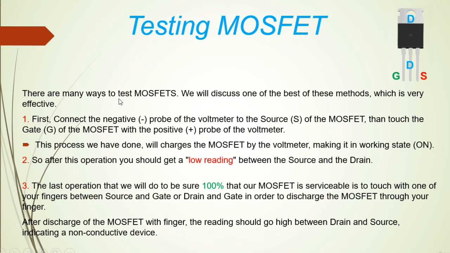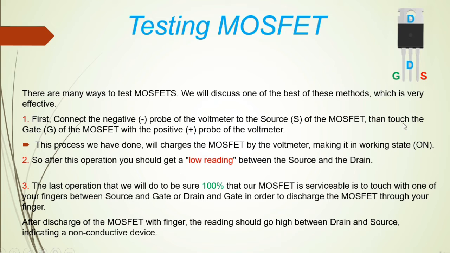There are many ways to test MOSFETs. We will discuss one of the best of these methods, which is very effective. First, connect the negative probe of the voltmeter to the source of the MOSFET.